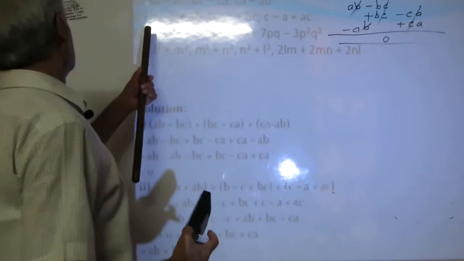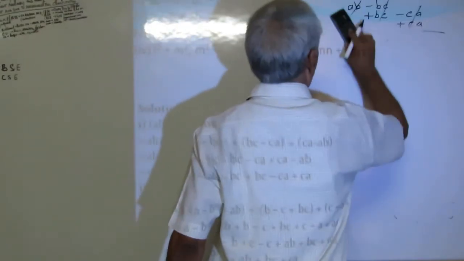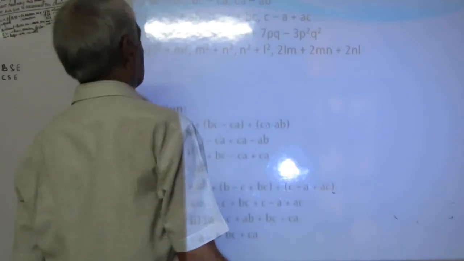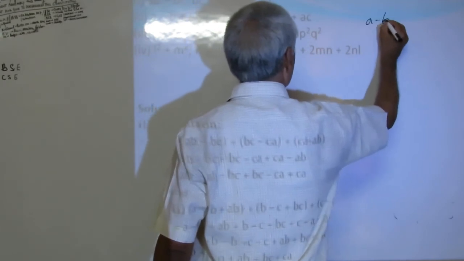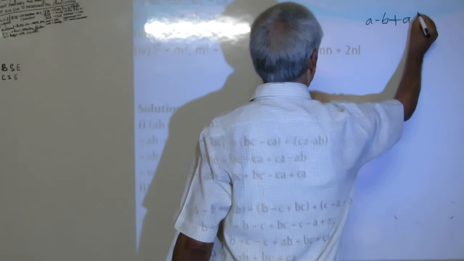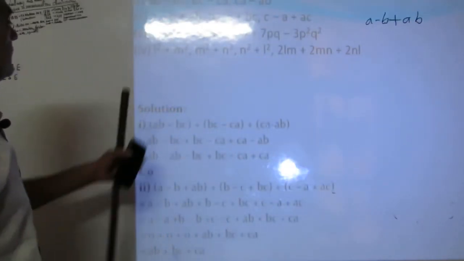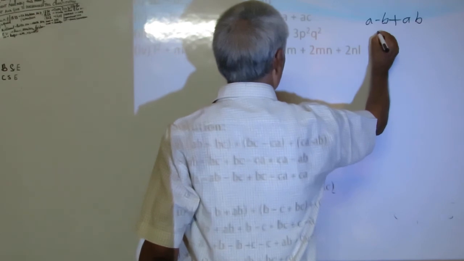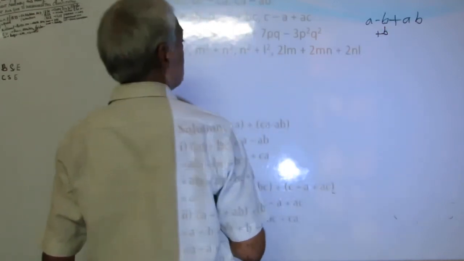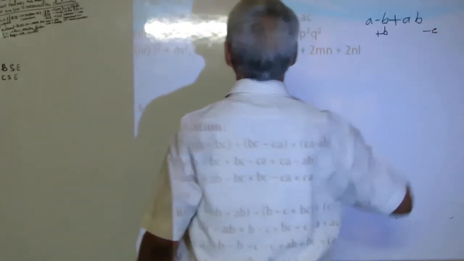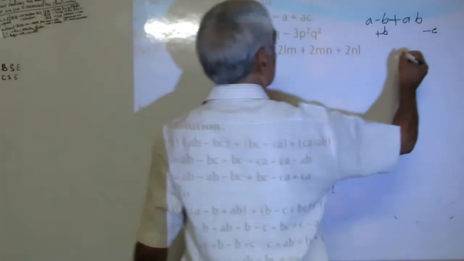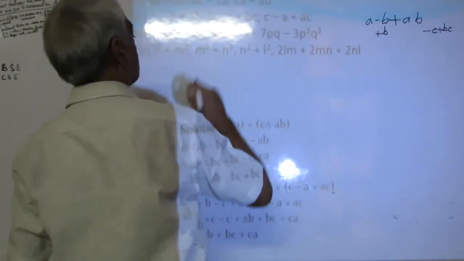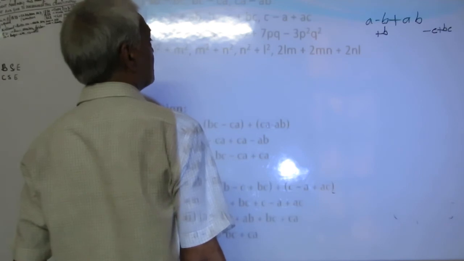algebraic expressions. Now, in the second part, you have to add three expressions: a minus b plus ab, and the second expression is b minus c plus bc, and the third expression is c minus a plus ac.